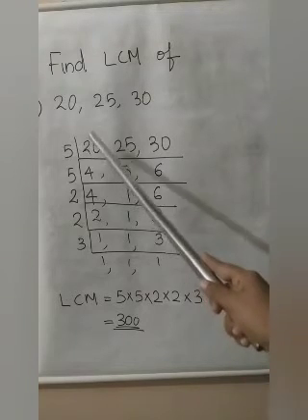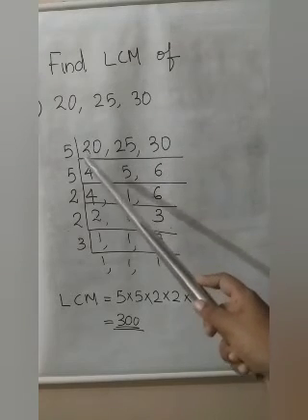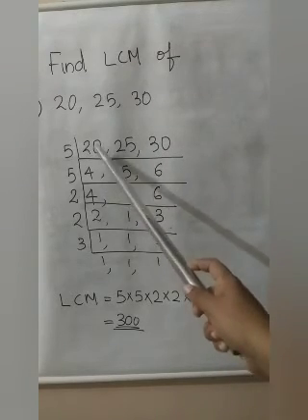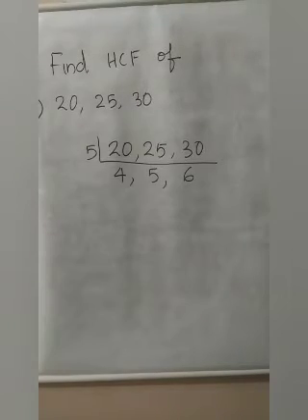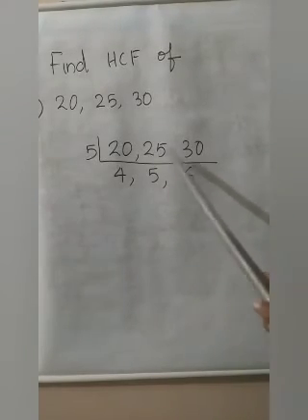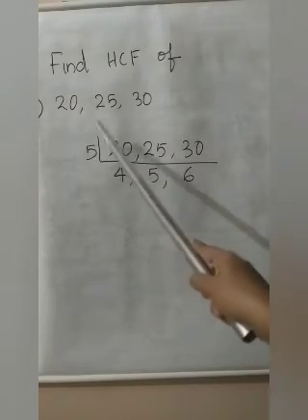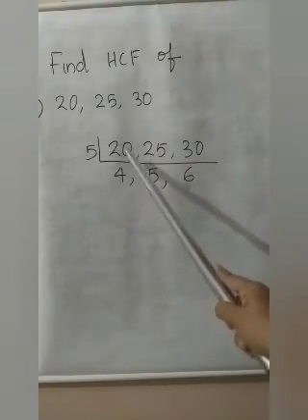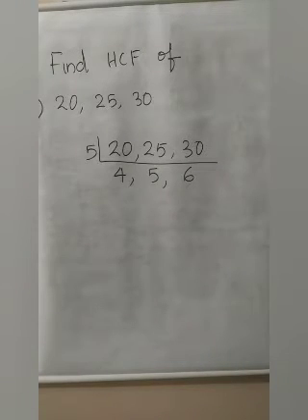That means for finding HCF, you should find a number that should divide 3 numbers. Then only you can find. I will show you here. We are taking the 3 numbers at once. We need to take a number which is divisible by the 3 numbers. So, for these 3 numbers, a divisible number is 5.